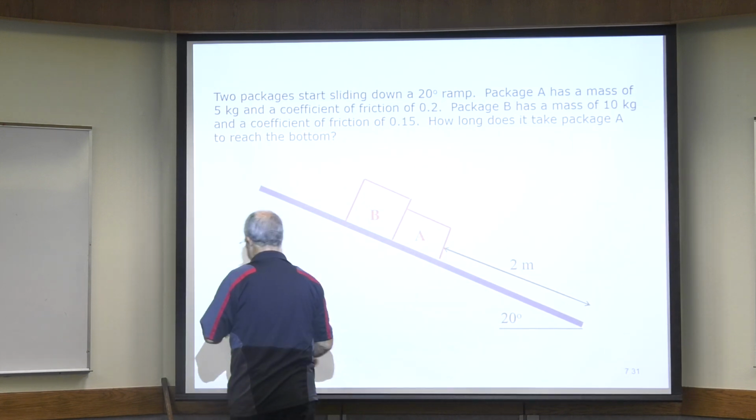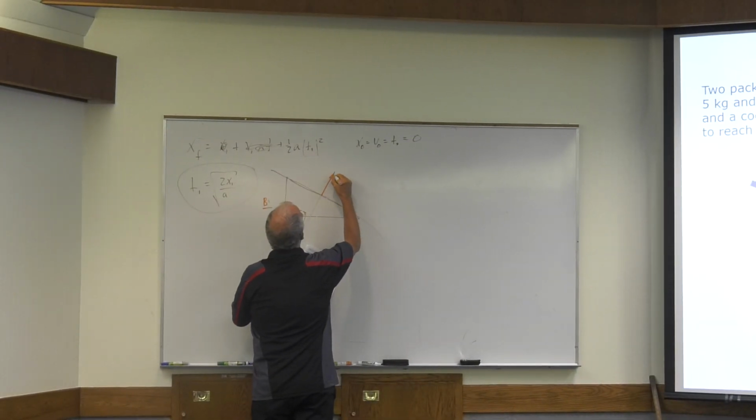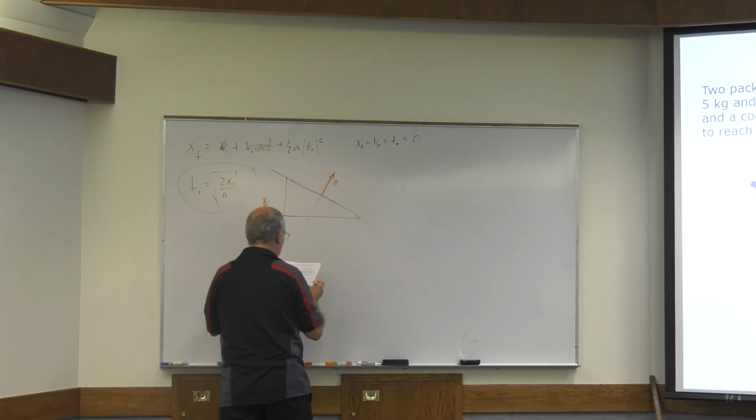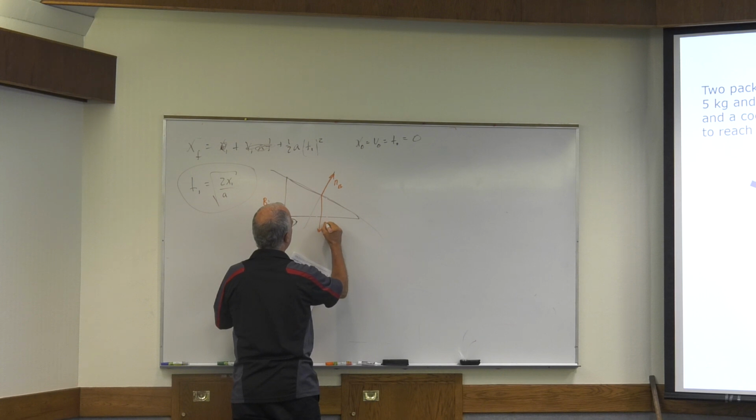So for B, we have the normal. We have the weight, so this is m_B g. We know we're going to have to resolve it.